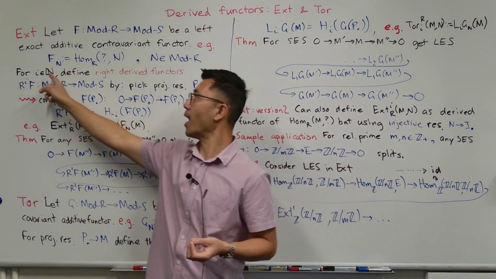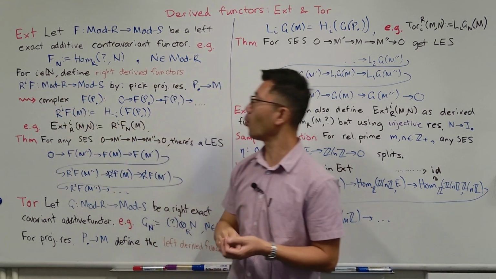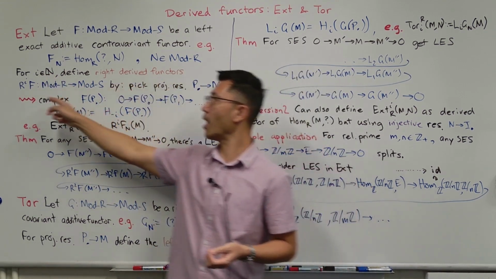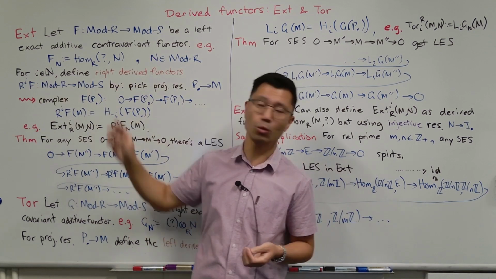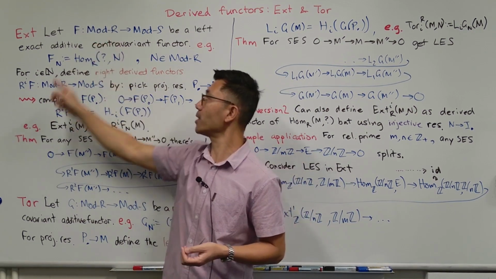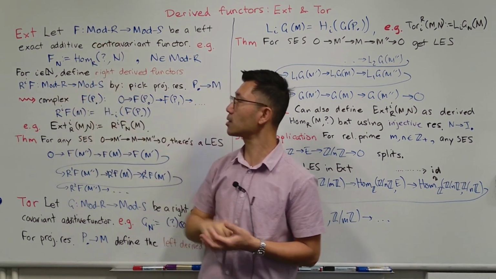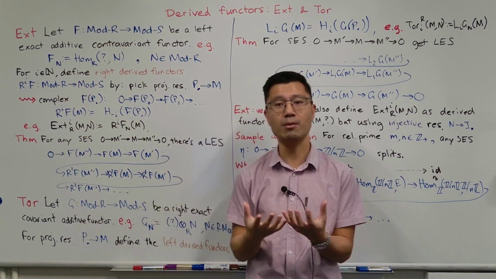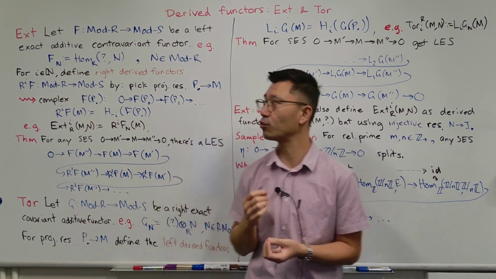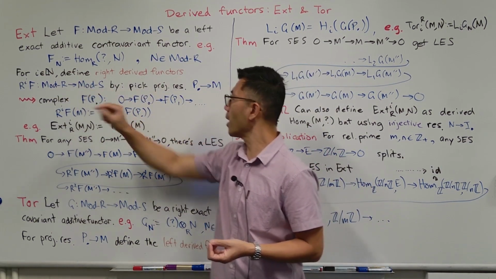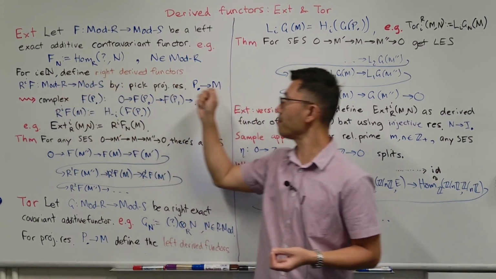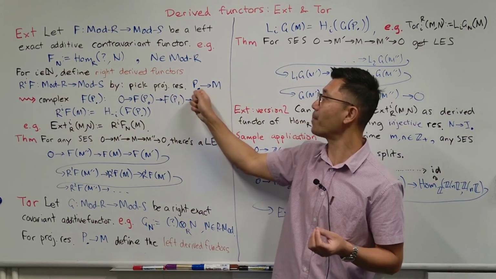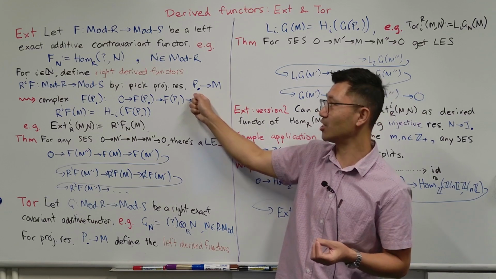For any natural number i, we're going to define the right derived functor R^iF, and it will be from the same domain, so from R modules to S modules. The way we'll do it is to follow the same procedure that we saw for derived duality. If we have some R module M, we first pick a projective resolution for that, P dot.